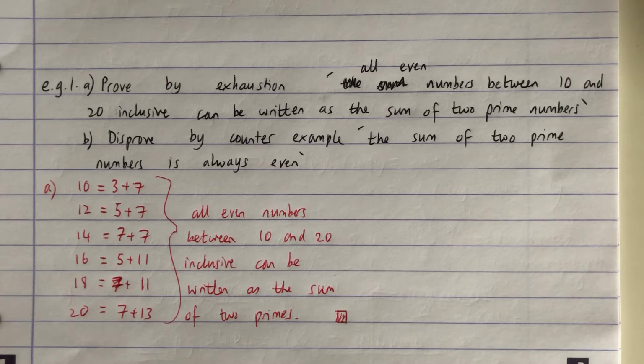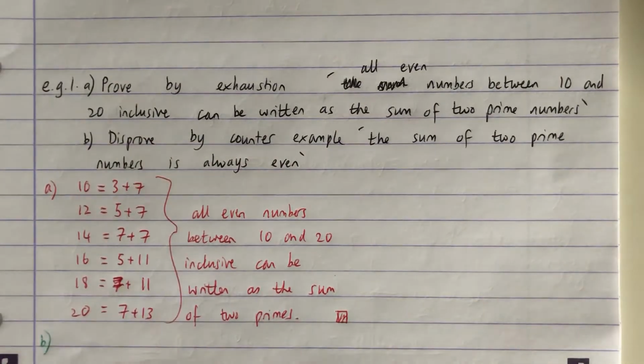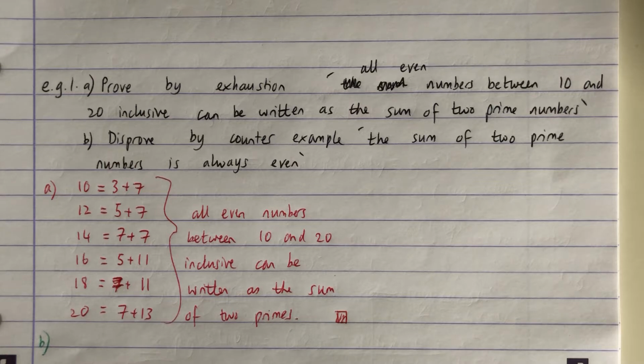Part B is a disprove by counterexample. So this statement is false, not true. They claim that the sum of two prime numbers is always even, and there must be a case where this doesn't work, and I've just got to find one of those cases. So try and think of two prime numbers.